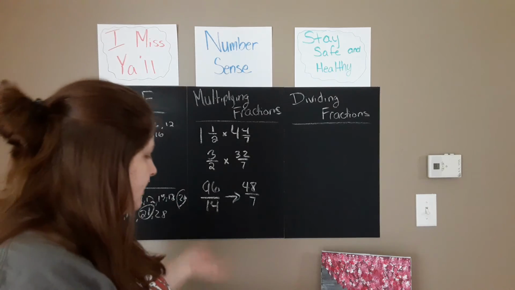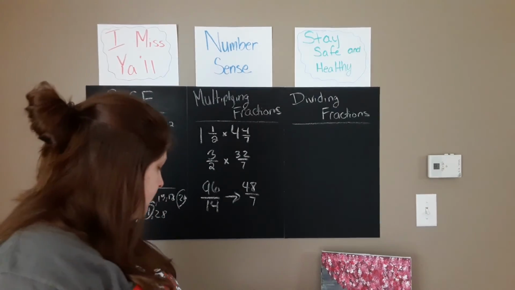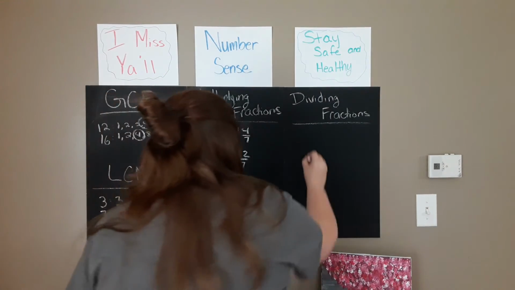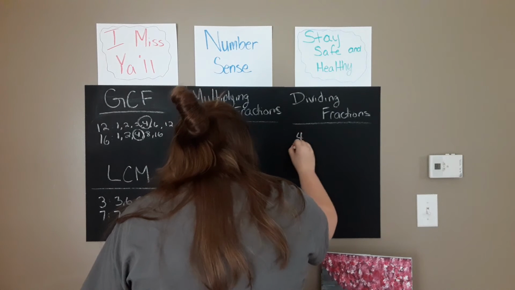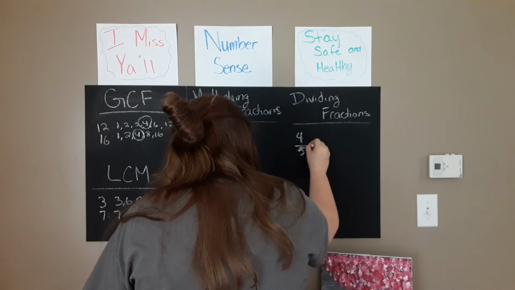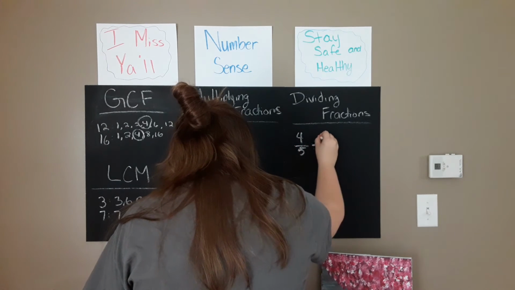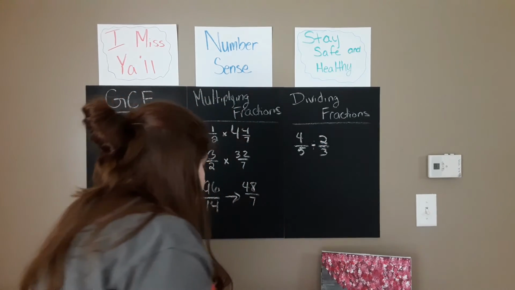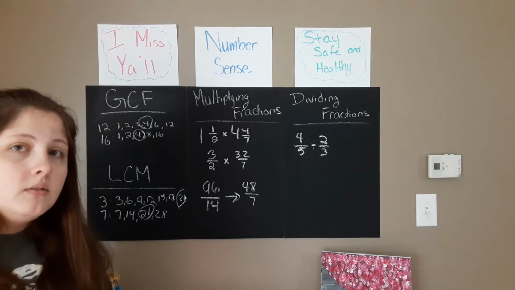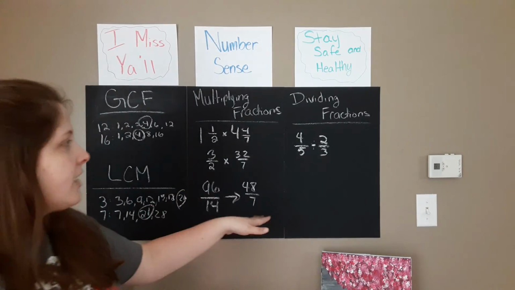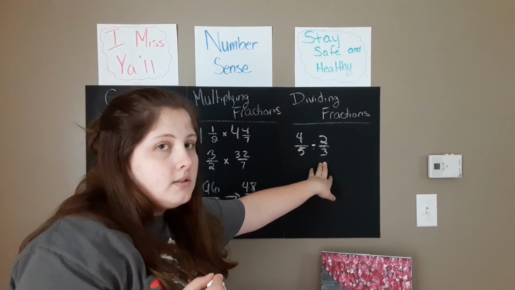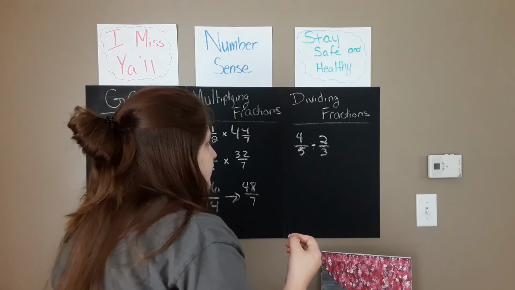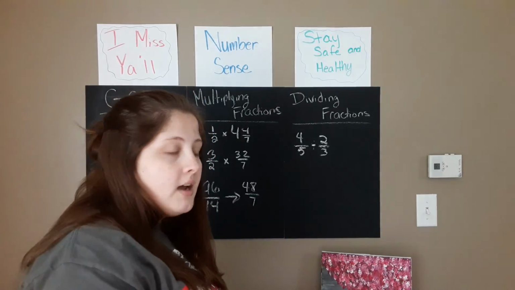Okay, so let's move on to dividing fractions. Now, if we look at this example, 4/5 divided by 2/3, we know that we have to do what? We have to invert the fraction. We have to invert 2/3 and make it 3/2, and then you have to change the sign.